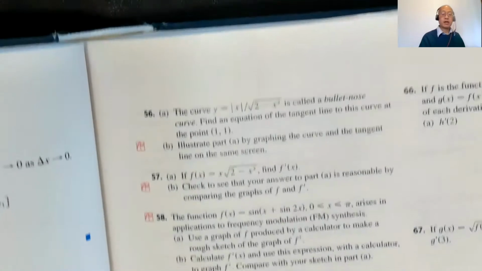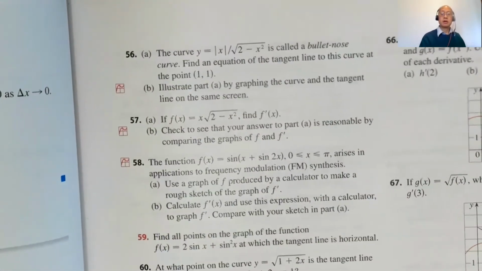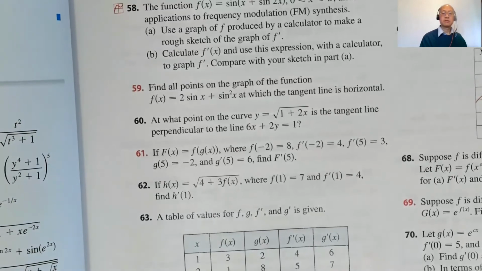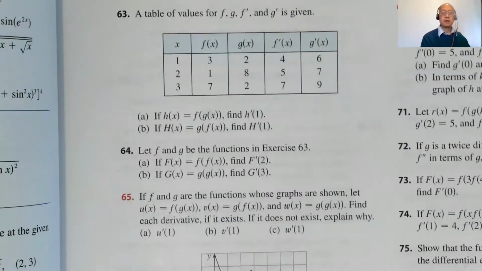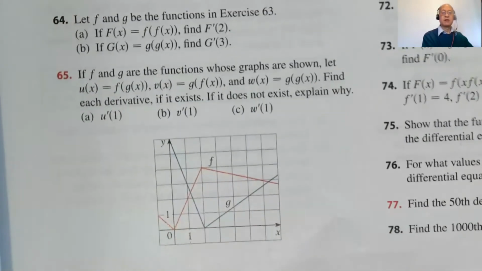Skip any graphing calculator icon because I'm not requiring you to have a graphing calculator. And 65 should be there. All right, so how do I do this chain rule?